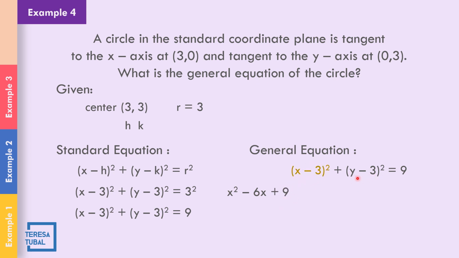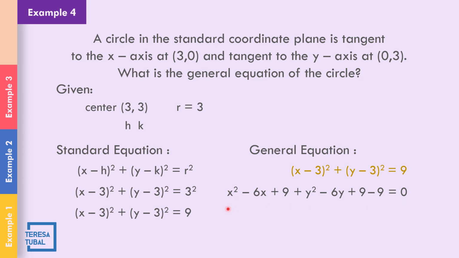How about this one? y times y is y squared, 2 times y is 2y times negative 3 is negative 6y, negative 3 times negative 3 is positive 9. Positive 9 going to the left, addition property of equality, becomes negative 9 equals 0.